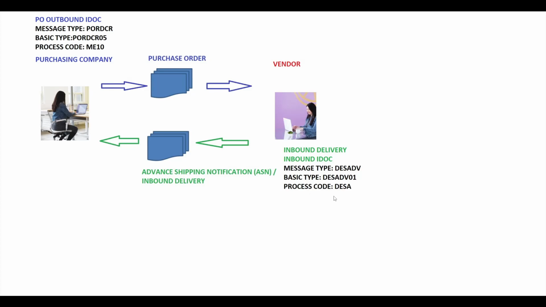So we go to transaction WE05 and check the IDoc, whether it's a red, green, or yellow status. So if it is in the red status, then you go to the status record and check the messages, and then you can go and find the solution, what to do now.